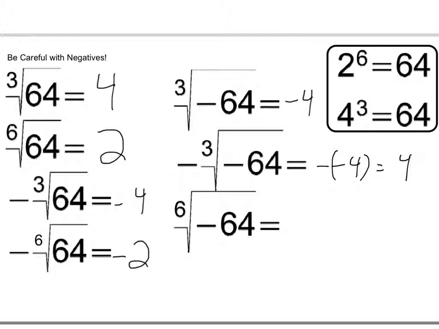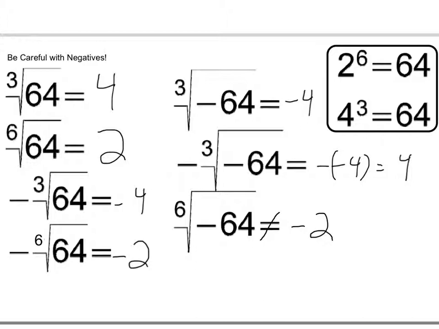Now I come down to this example, the sixth root of negative 64. We may be tempted to look at this fact up here and say 2 to the sixth equals 64. Therefore, the sixth root of negative 64 would equal negative 2. But the truth is that that is not the case. If you do negative 2 times itself 6 times, you'll notice that you would actually end up getting a positive 64.